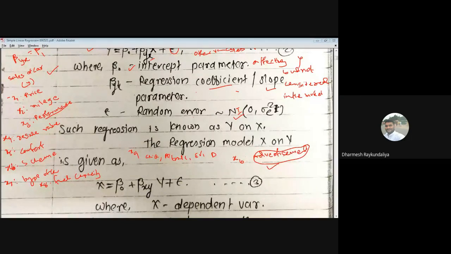We will also verify whether there is any heteroscedasticity in the data, that is, whether the variance is constant or varies from observation to observation. All these things we have to verify, and then we can apply regression. But if you are given two quantitative variables, you look at whether it is a regression of Y on X or X on Y. The above one is called the regression of Y on X, and the regression of X on Y is given by this.